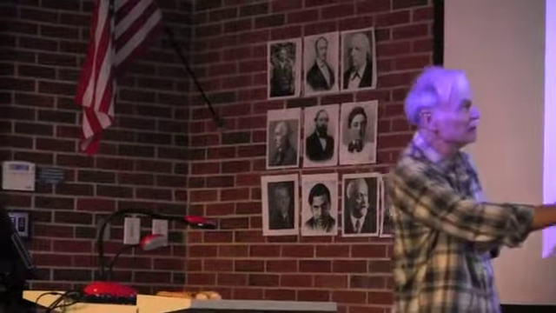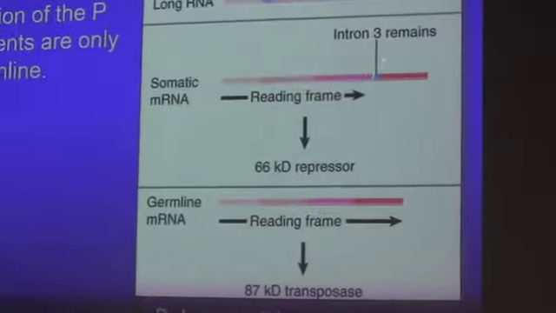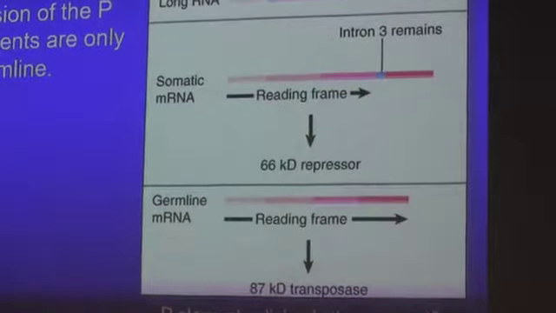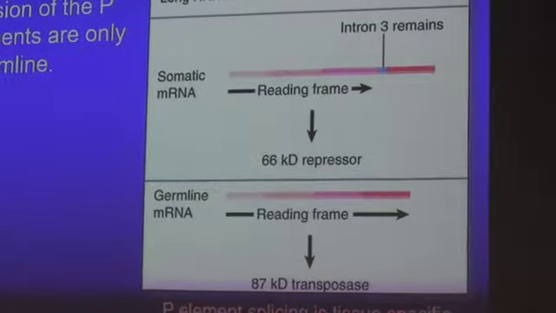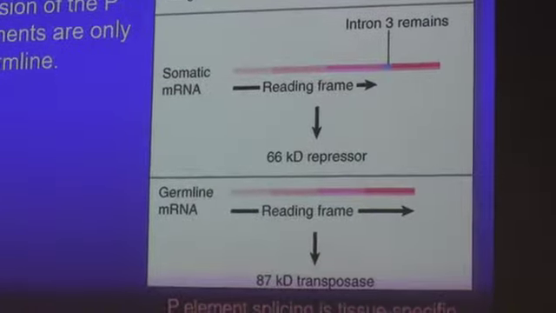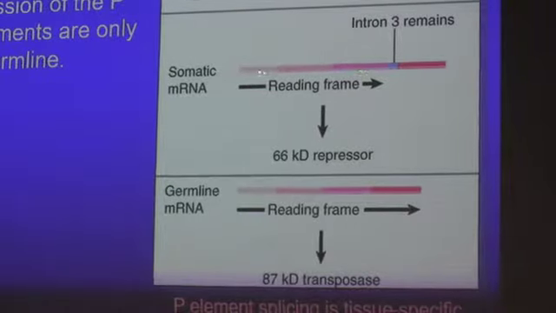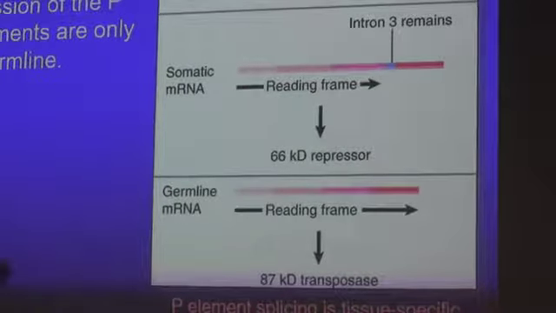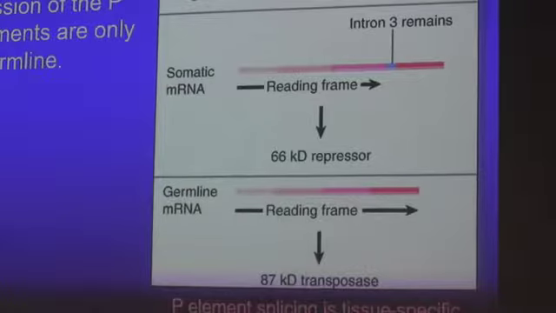The messenger contains the intron when it should be spliced out, and within that intron, there's a stop codon. The net result is that you get a truncated copy of the protein, of the transposase.